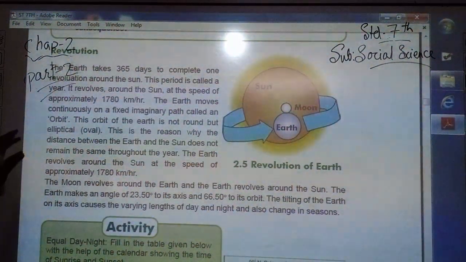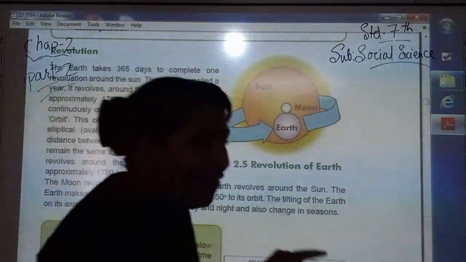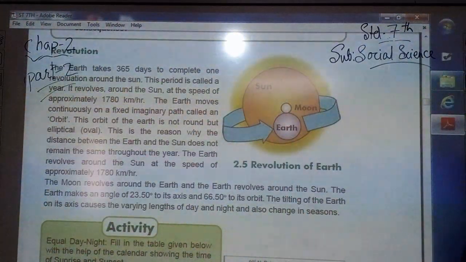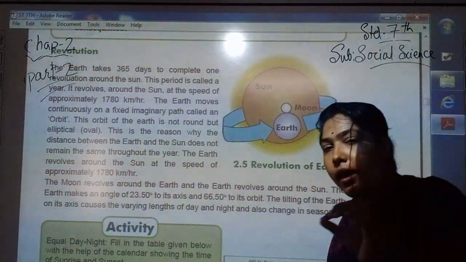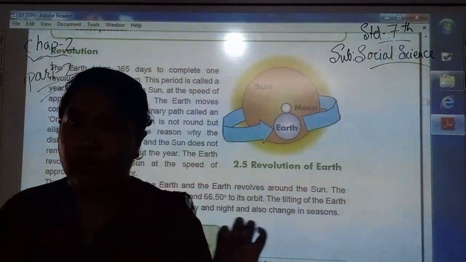The earth which revolves around the sun, its speed is 1780 kilometers per hour. Understood that thing?